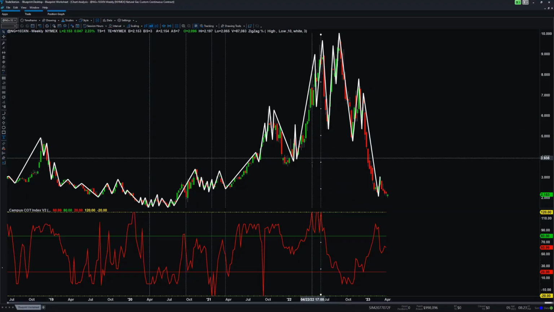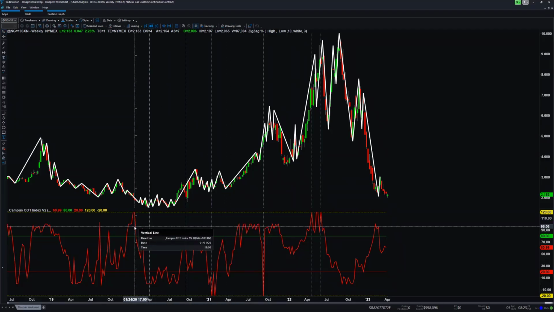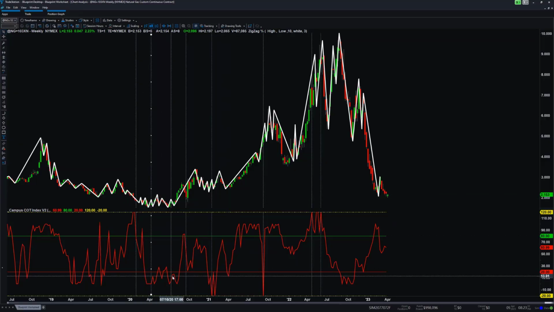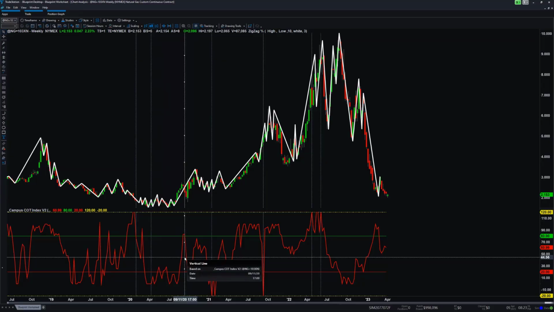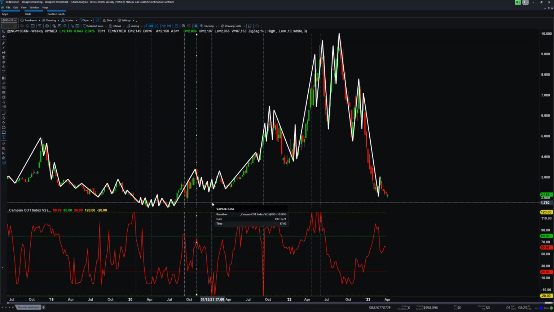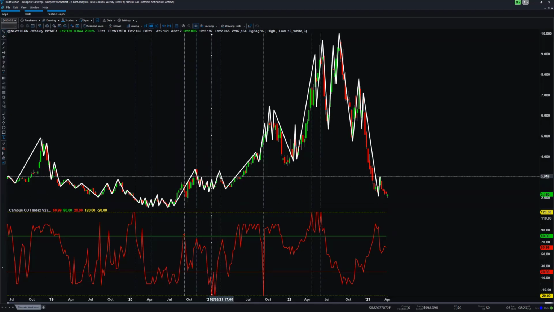Here they're at the yellow. And then here they're selling, selling, selling, not so good. Then here they're finally buying, but then price goes down. Then they're finally buying again, but then price goes down. Then they're selling, but then price goes up.